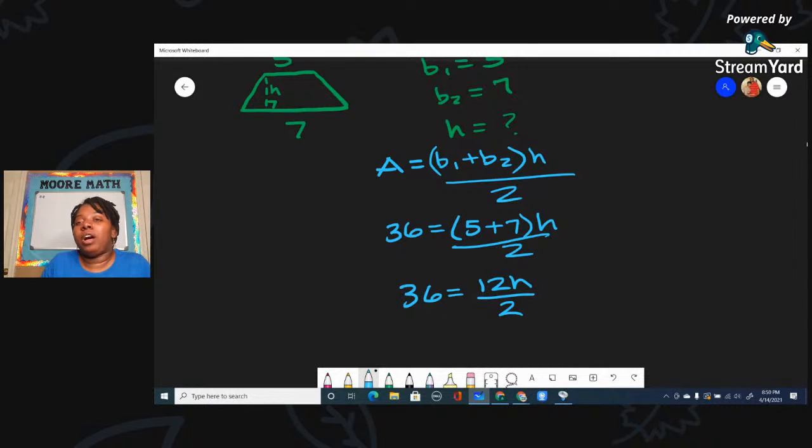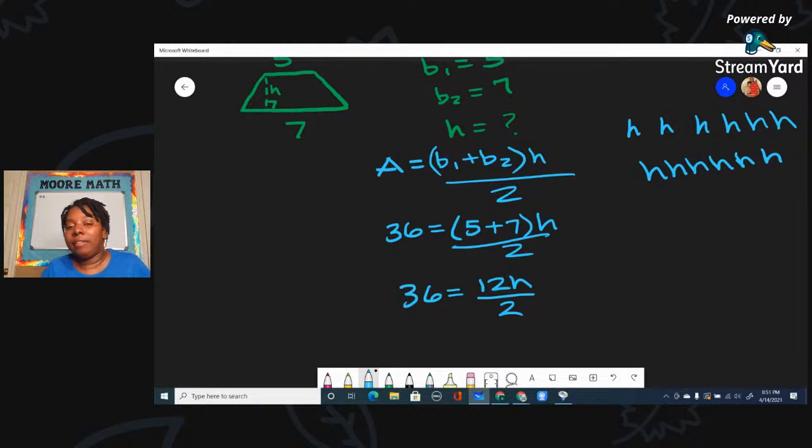If I cut 12h in half, I have 12 of these h's. If I take away half, how many h's do I have left? I have 6. So we do 12 divided by 2, and we get 6h.